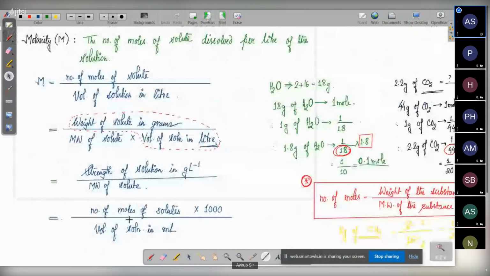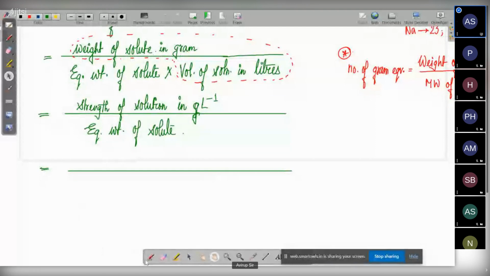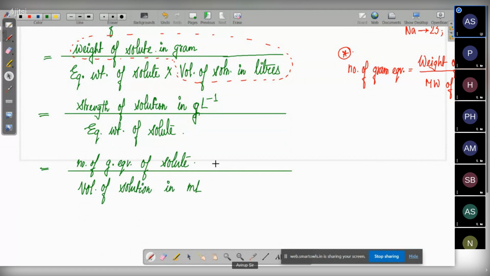And the last formula was number of moles of solute into 1000 by volume of solution in milliliter. So here also the last one will be the exact same thing. That is the number of gram equivalent of solute divided by volume of solution in milliliter, and in the numerator you multiply it by 1000.